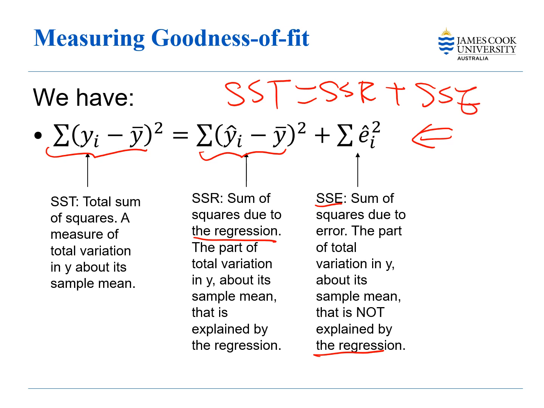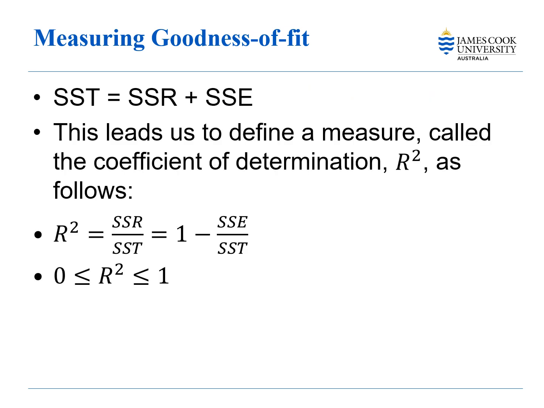Now we are ready to define a quantity to measure this goodness of fit. This leads us to define a measure which we call the coefficient of determination, or R squared, as follows. SSR, the total variation that's explained by the regression, divided by the total variation, which is also equal to 1 minus SSE, the variation not explained by the regression, divided by the total variation.